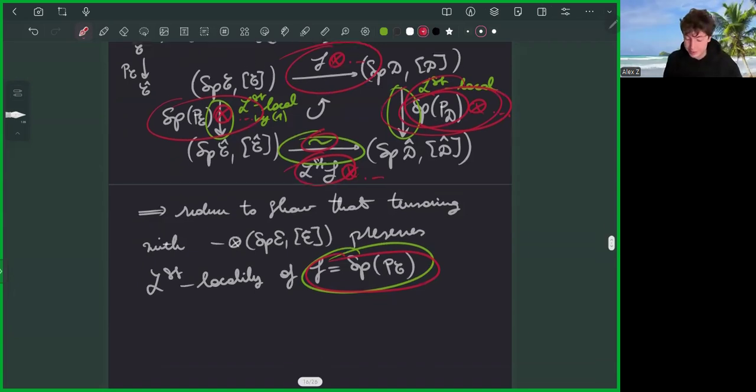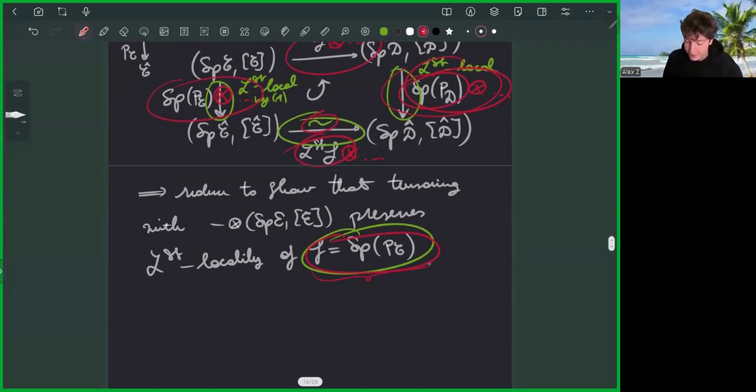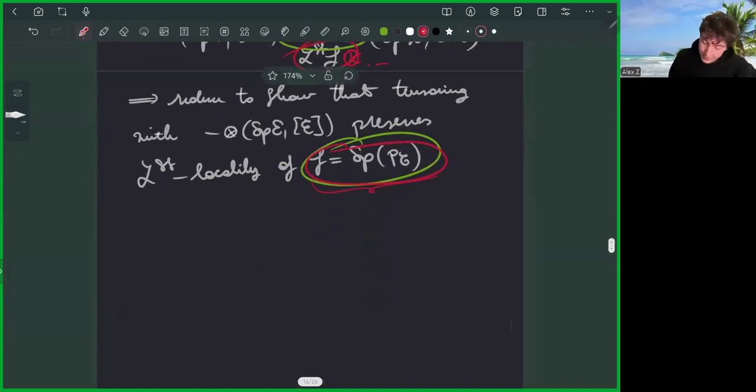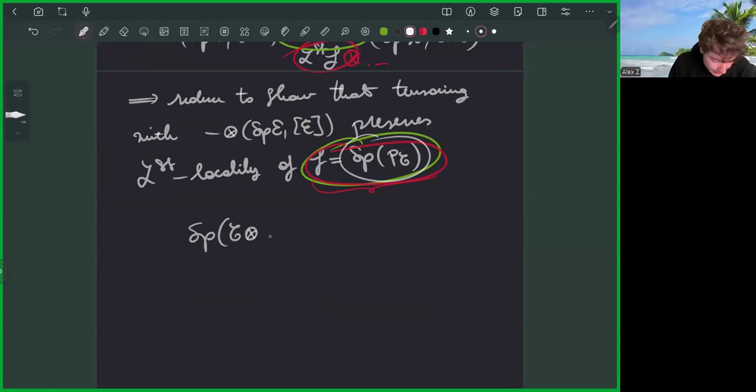So we can restrict to this case where we just check LST locality for F tensor ID, where F is now the specific morphism SP of PC. But for this, we can again do the following thing. Namely, we can consider another commutative diagram.